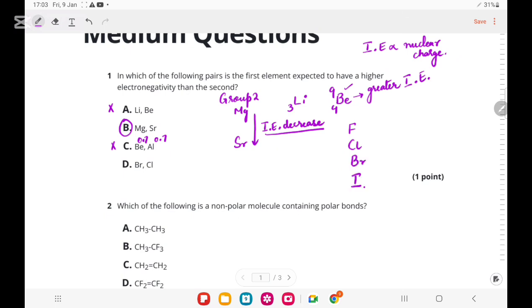Yes, this is the right arrangement. So you can see that chlorine is present above, and we have seen ionization energy decreases downwards. So chlorine is going to have greater ionization energy, so this is also false.